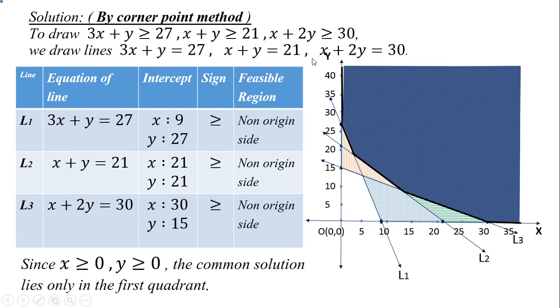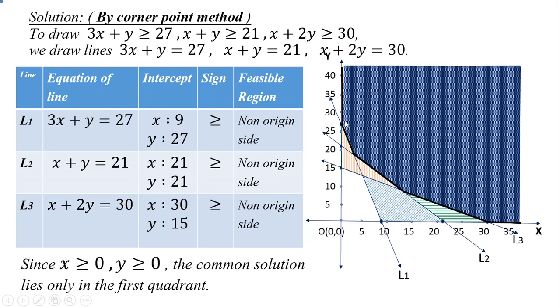These are the 4 corner points of this solution set, and this region is known as the feasible region. Now the solution, that is the minimum value of z, is at least at one of the corner points, and since this problem is of minimization, we get the solution at least at one of these 4 corner points.